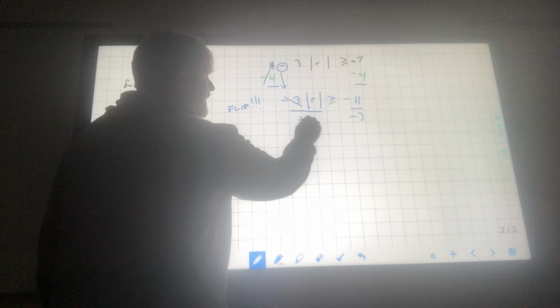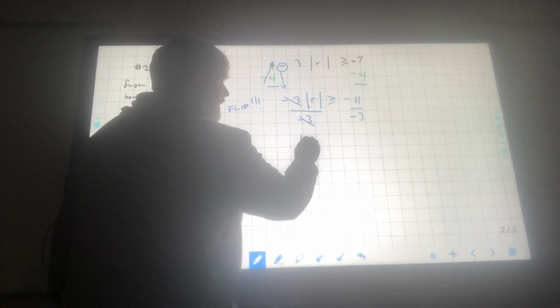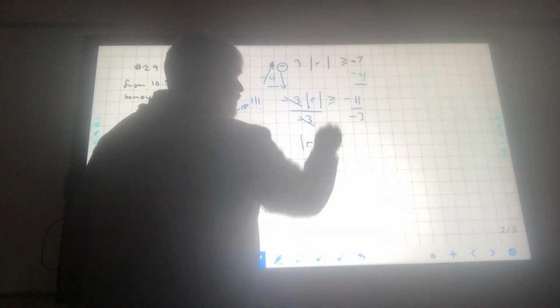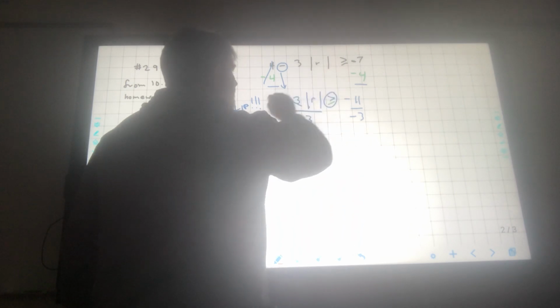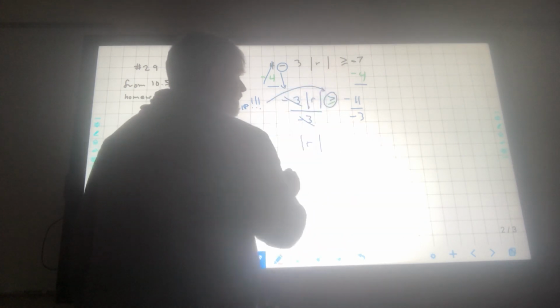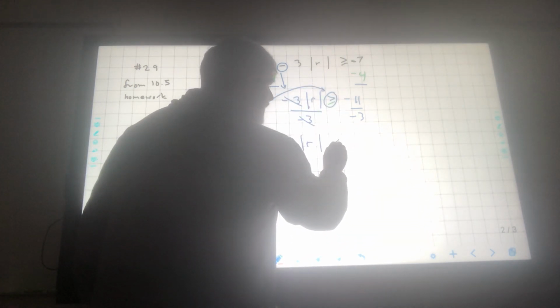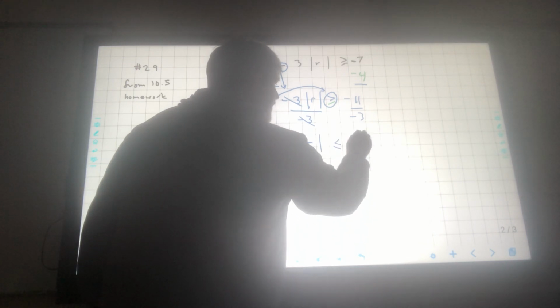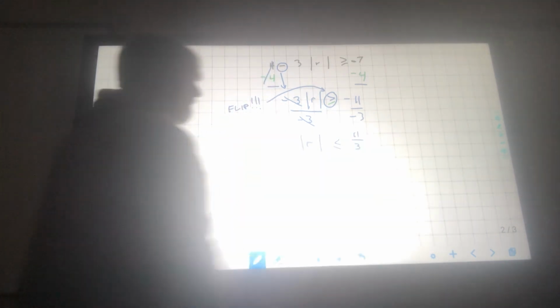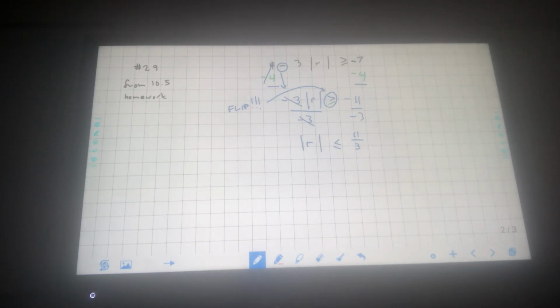So these guys cancel, and I get exactly what I'm looking for, absolute value of r. This is a single flip, so it's less than or equal to 11/3. There we go.